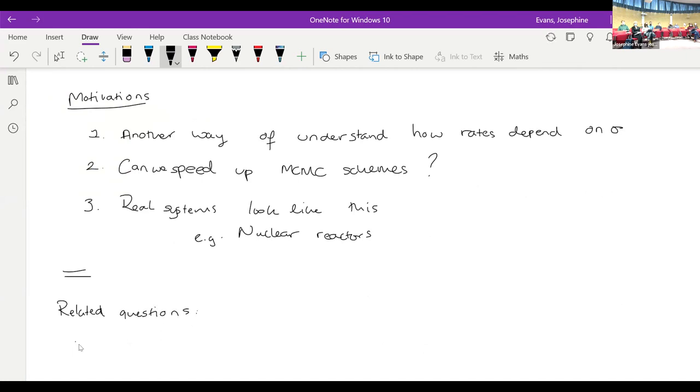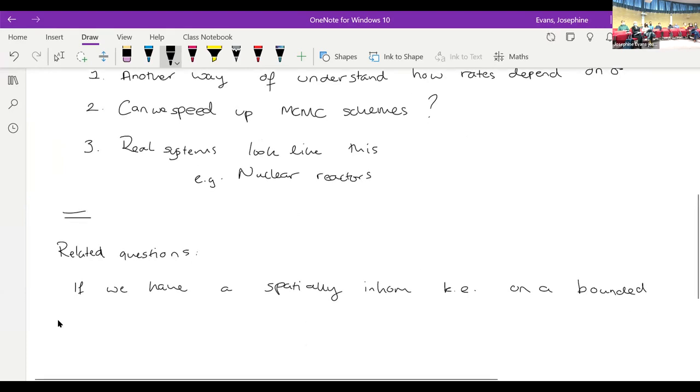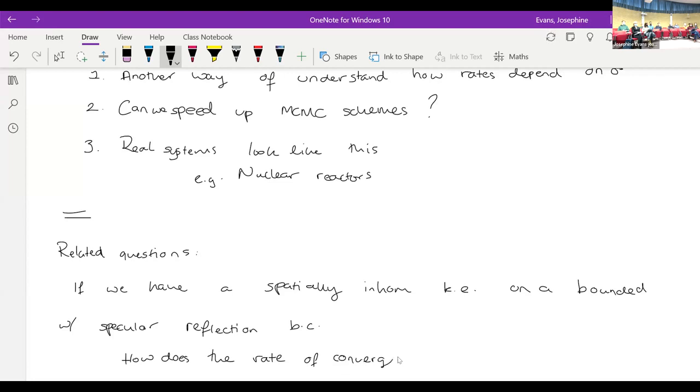So if we have a spatially inhomogeneous kinetic equation on a bounded domain, say with specular reflection boundary conditions, then how the rate of convergence depends on the shape of the domain is a kind of interesting problem.